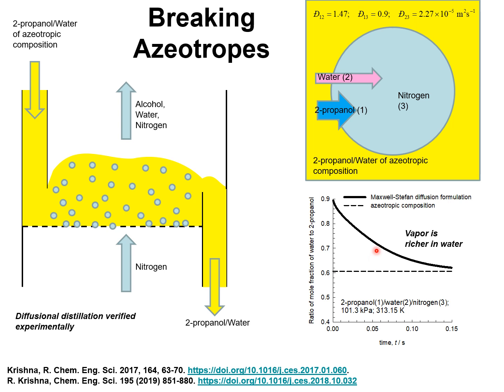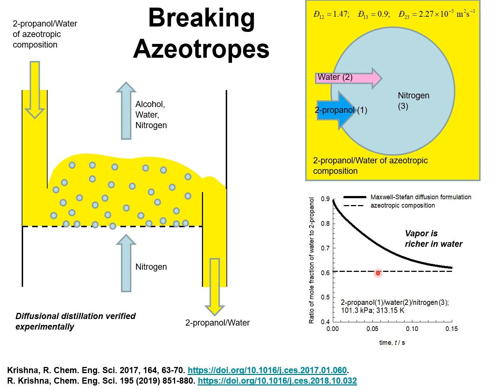So if the contact time is limited to say 0.05 seconds, we will have a mixture here that is richer in water as compared to 2-propanol, compared to the azeotropic composition.